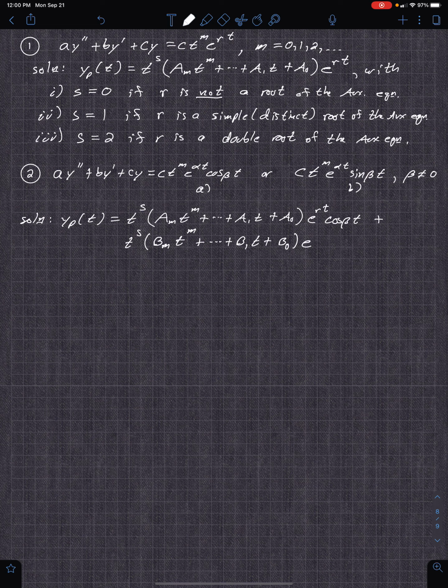And then that's still e to the rt sine beta t.